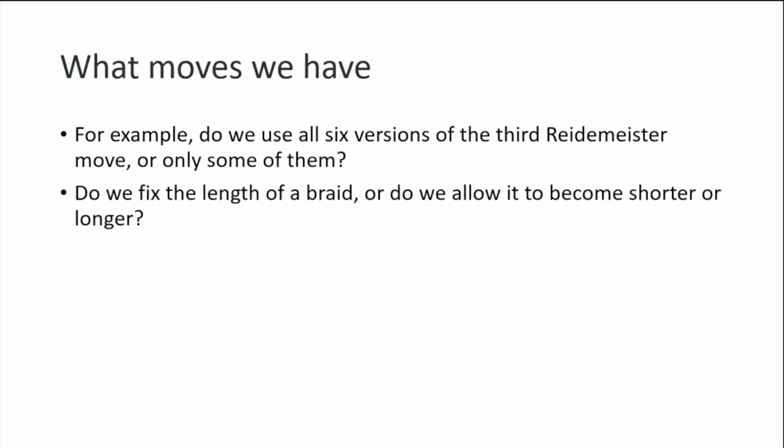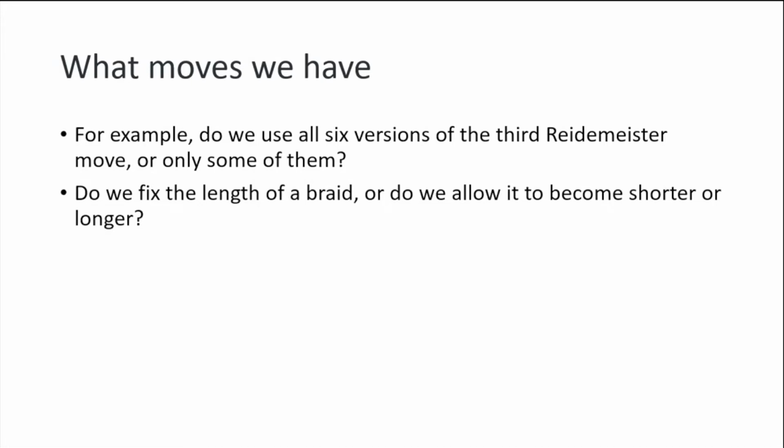Then another question is what randomizer moves to have. We all know that to untangle braids, you use the second randomizer move and the third randomizer move, but each one of them comes in several flavors, depending on which of the strands are tangled and in what order they are tangled.